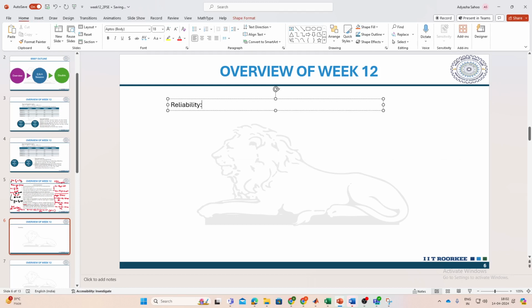Reliability means that whatever result you get from your unit commitment should be such that the voltage and frequency should be maintained always.